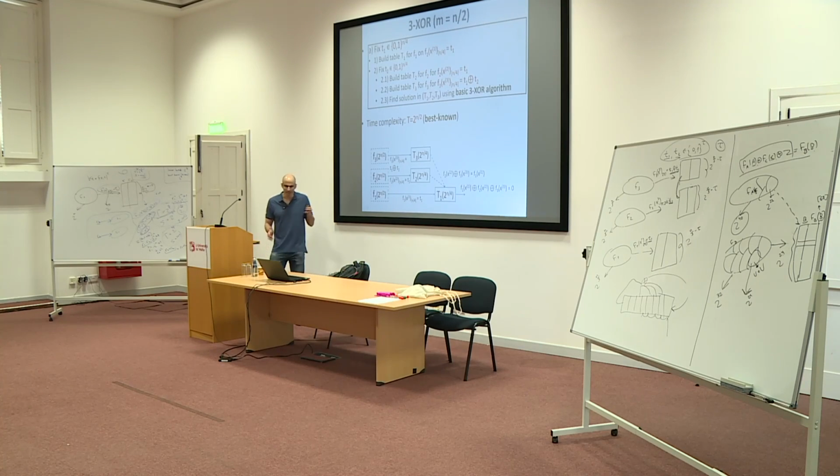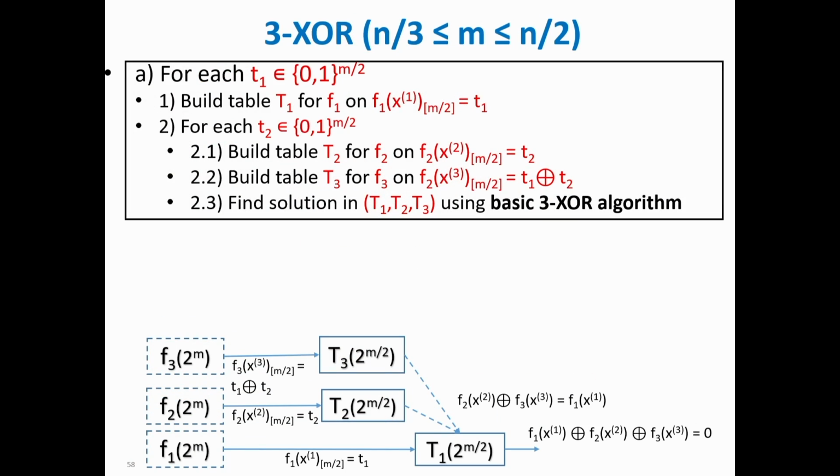And we had another variant where you increase the domain size of the functions to m equals n over 2. We had basically the same algorithm that obtains time complexity 2 to the n over 2, so it improves upon the previous algorithm. And I think that's what Yevgeny mentioned.